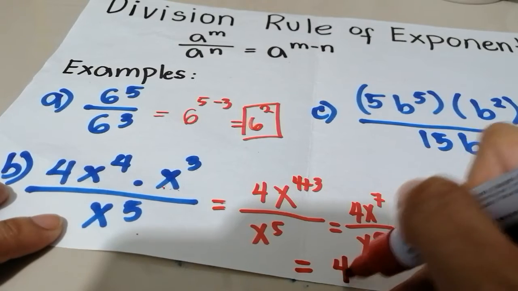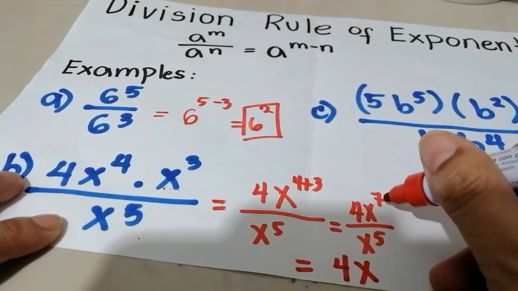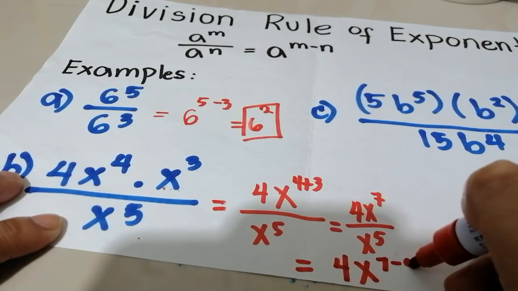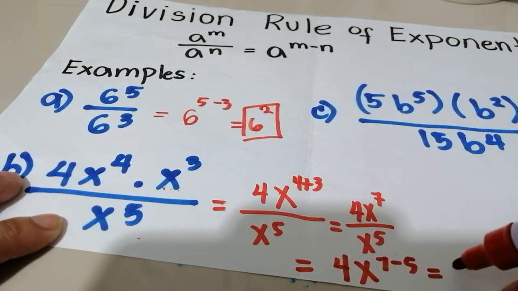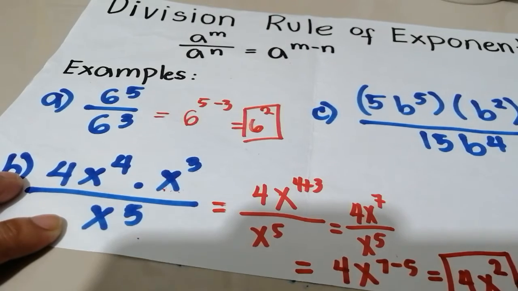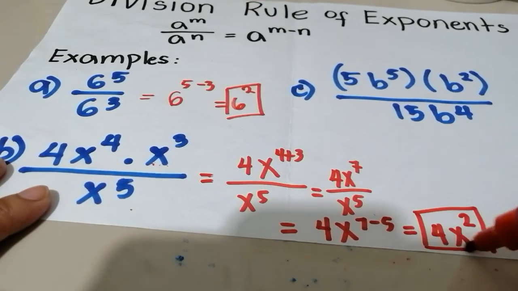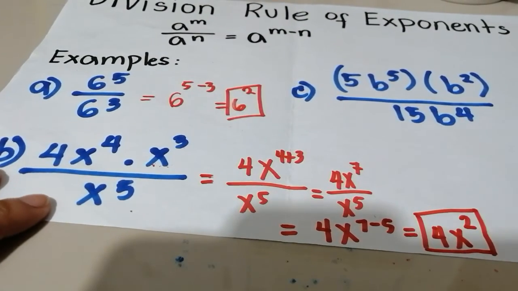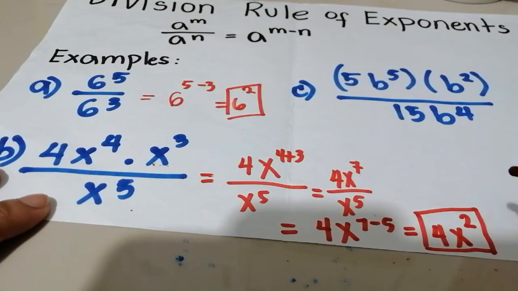Kokopyahin lang natin yung 4 and then x, 7 minus 5 is equal to 4x raised to the 2nd power. So, that is the final answer. Okay, so 4x raised to the 2nd power.